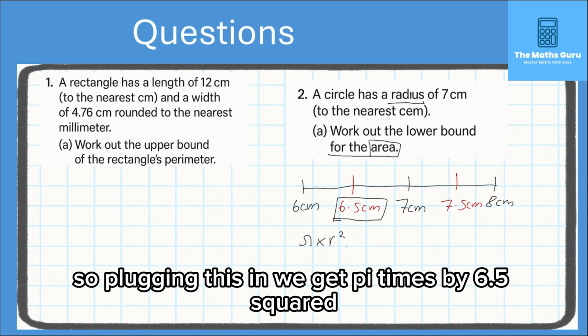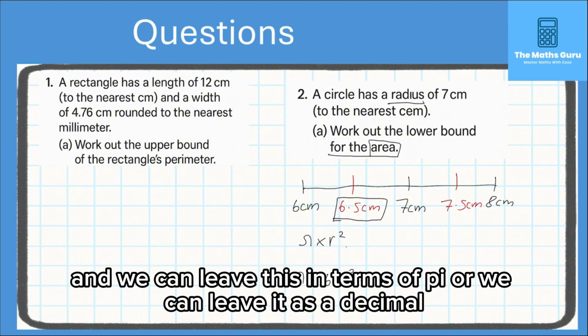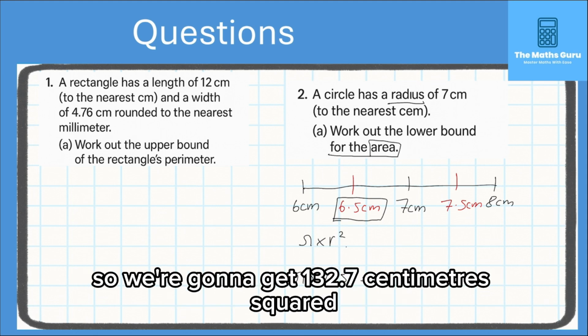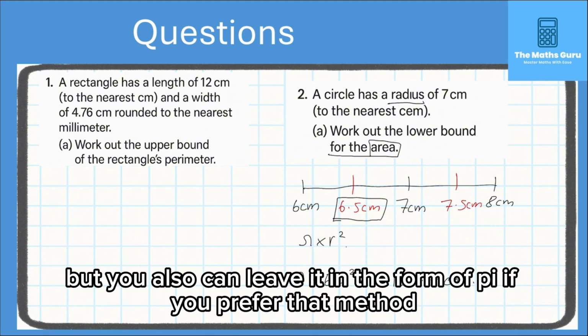Plugging this in, we get pi times 6.5 squared, and we can leave this in terms of pi, or as a decimal. In this case I'm going to leave it as a decimal, so we get 132.7 centimeters squared. But you also can leave it in the form of pi if you prefer.